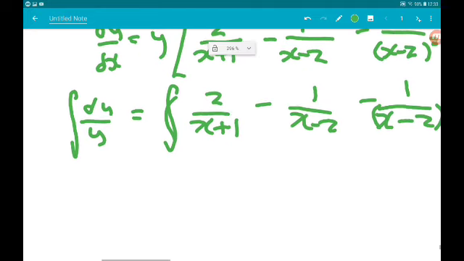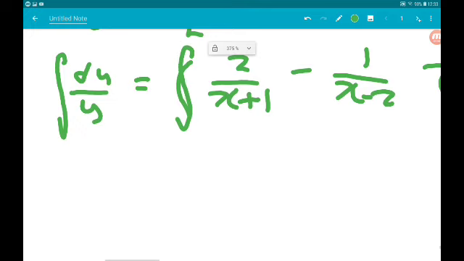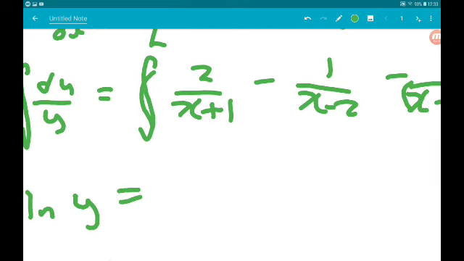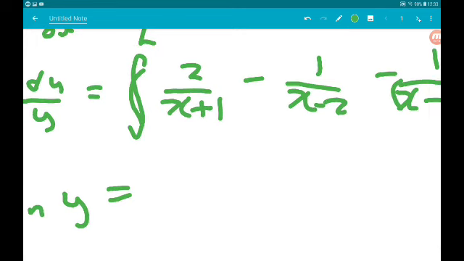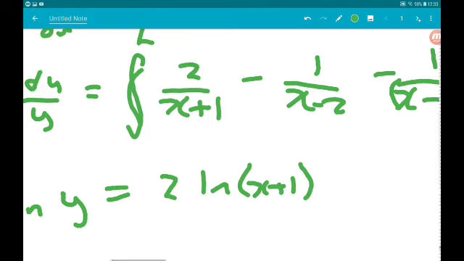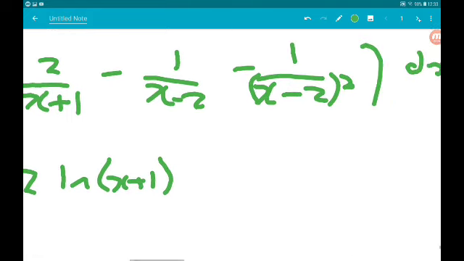So the integral of dy over y is log of y. Now the integral of 2 over x plus 1 is 2 log (x plus 1). And the integral of minus 1 over x minus 2 is minus log (x minus 2).